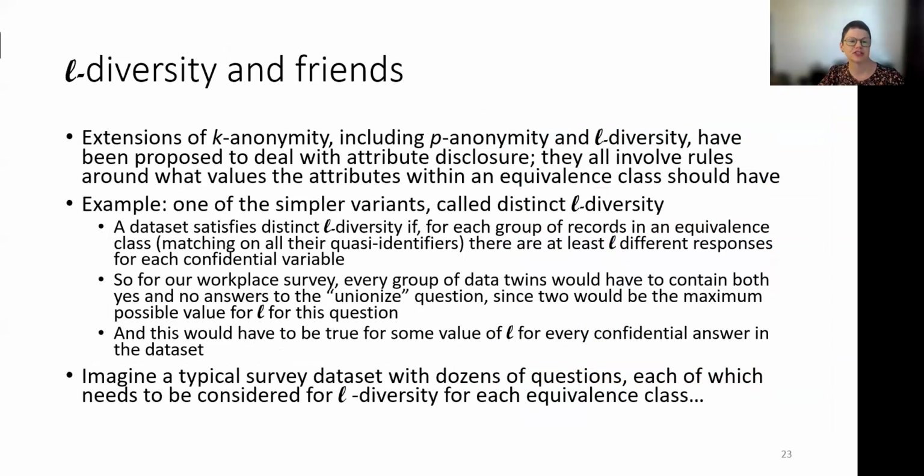A data set will satisfy something called distinct L-diversity if for each group of records in an equivalence class, there are at least L different responses for each confidential variable. So each group of data twins has to have both yes and no answers for that question on unionization. And that would have to be true for every confidential answer in this data set. And that increases the mathematical difficulty of anonymizing a data set hugely.